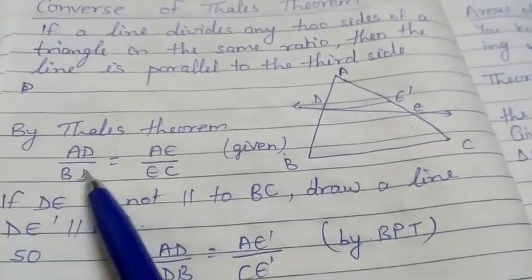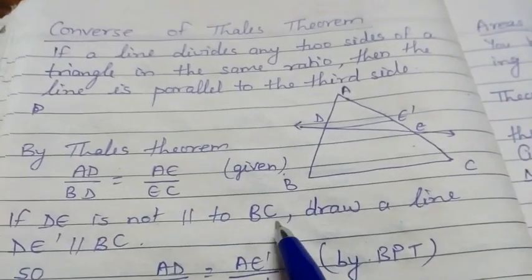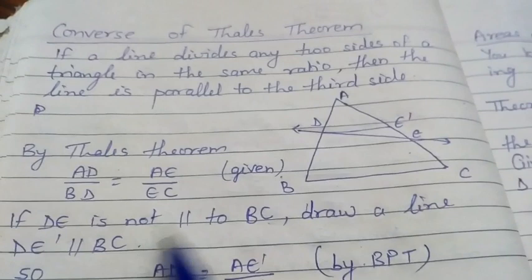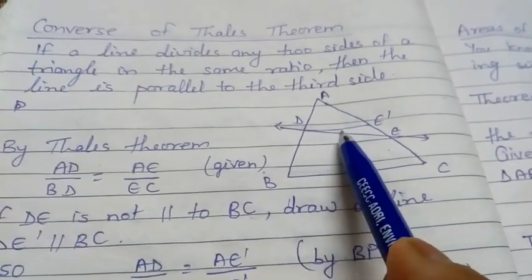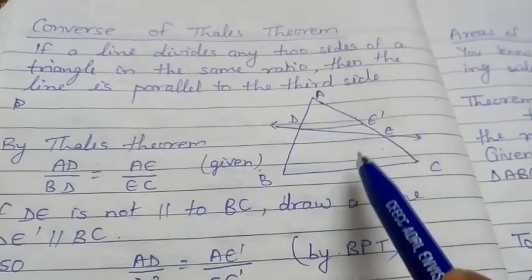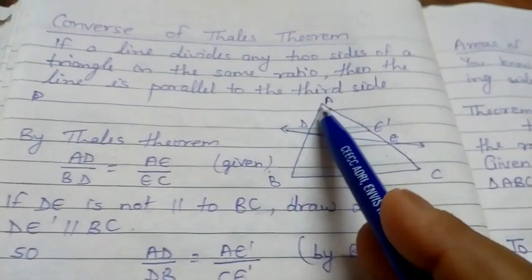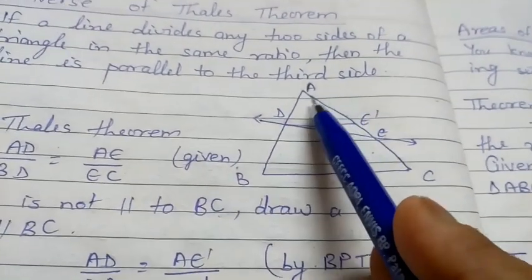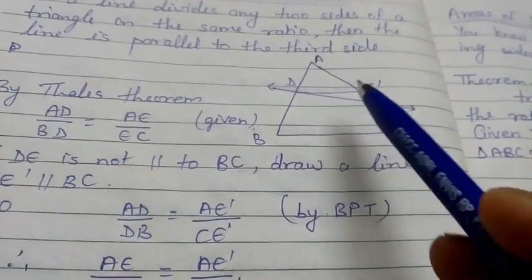Given AD upon BD equal to AE upon EC. If DE is not parallel to BC, draw another line DE dash parallel to BC. Then by the Thales theorem, AD upon BD equals AE dash upon E dash C.